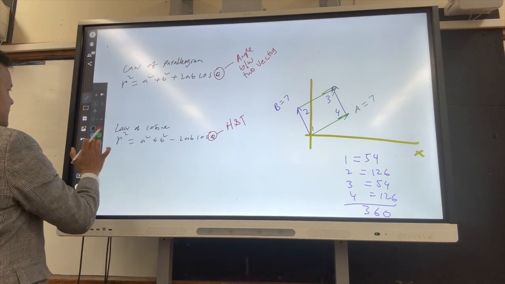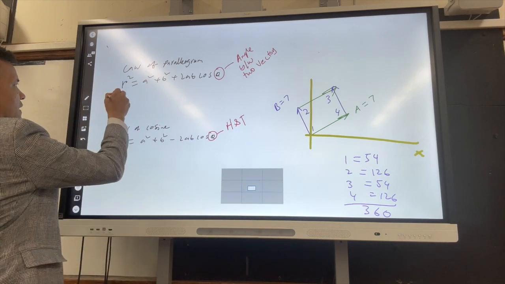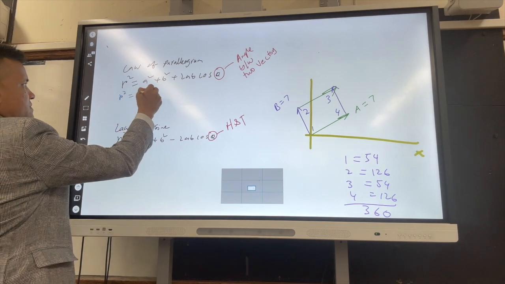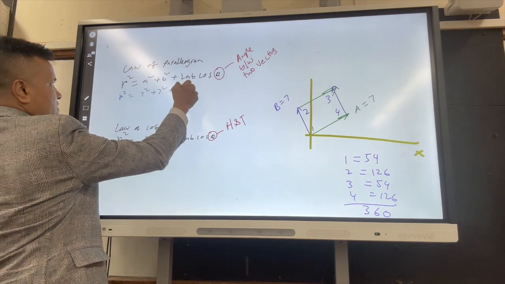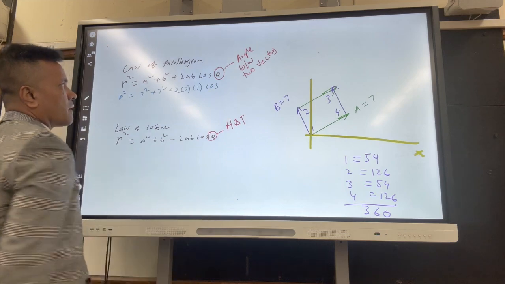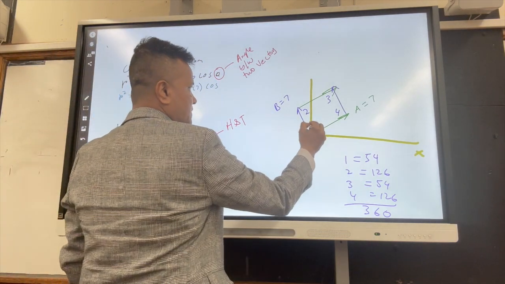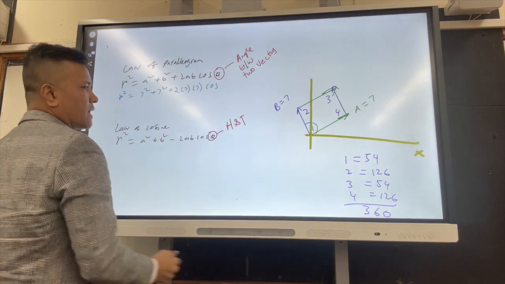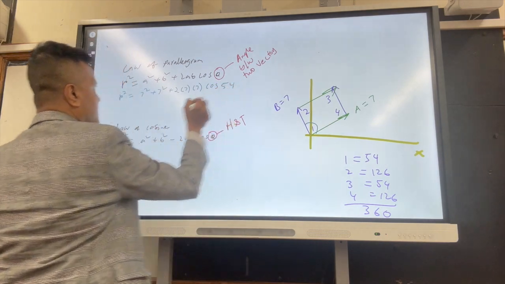Okay, if that is so, then let's see. R squared is equal to 7 squared plus 7 squared plus 2 times 7 times 7 cosine of the angle between two vectors, and this one is 54. And that gives you 13.